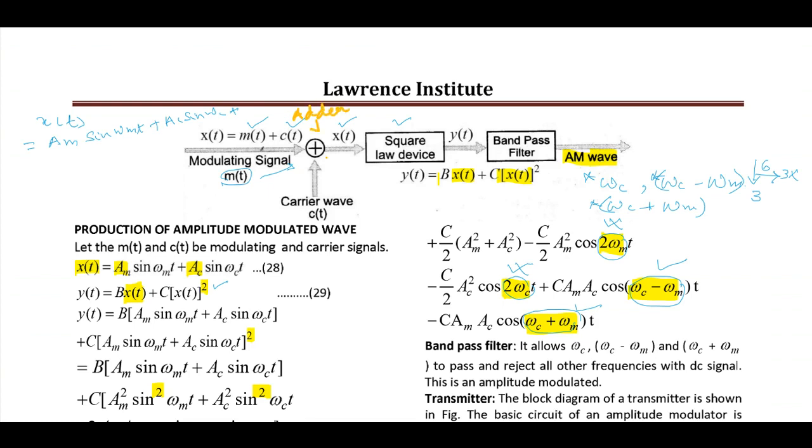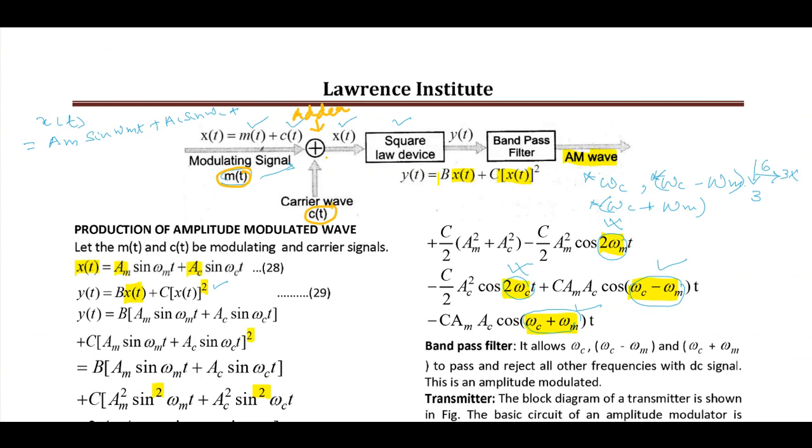It just sums up the two signals. Which ones? CT and MT. And we got XT. XT is the sum of these two signals, AM sine omega MT and AC sine omega CT. One is the modulating signal, the other is the carrier wave.